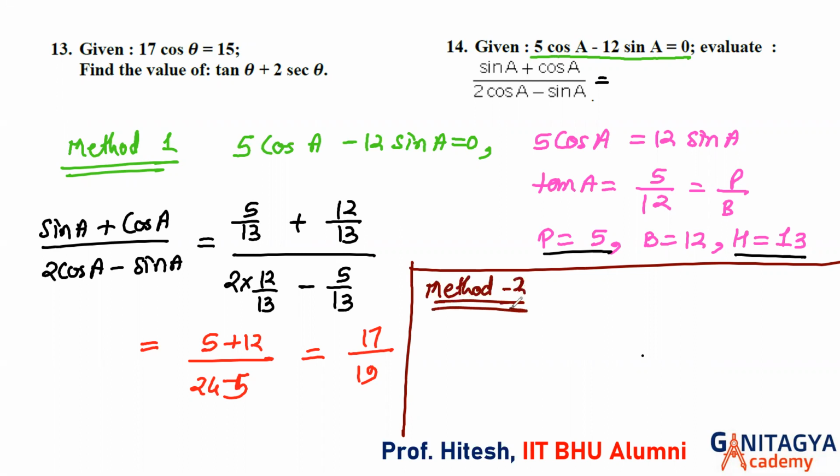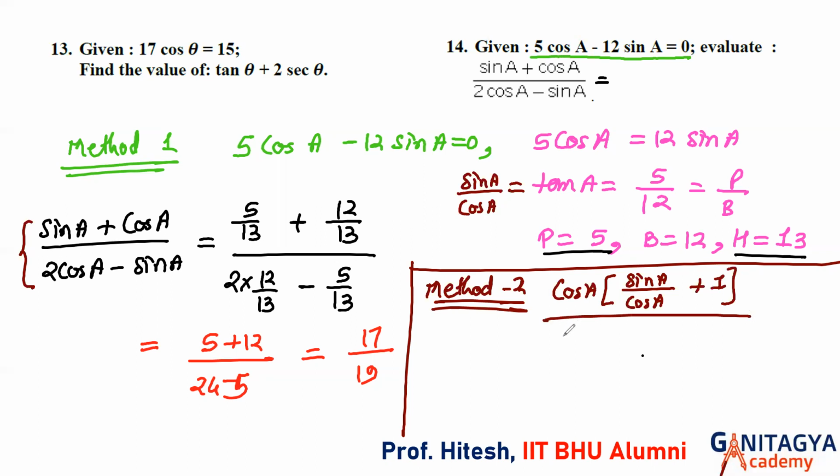Let me write it here very small. Method 2. What you do? Sin a upon cos a. You found out this is sin a upon cos a. Okay, so what you will do in this? Take cos a common. Take cos a common, so it will be sin a upon cos a plus 1 upon cos a common, so 2 minus sin a upon cos a, so cos a cancels.